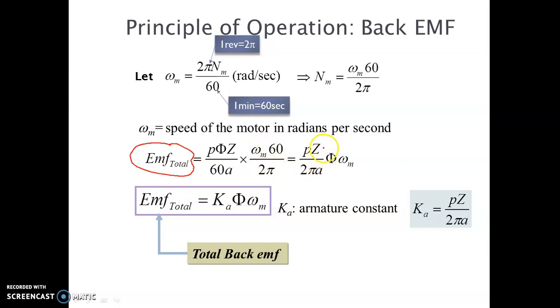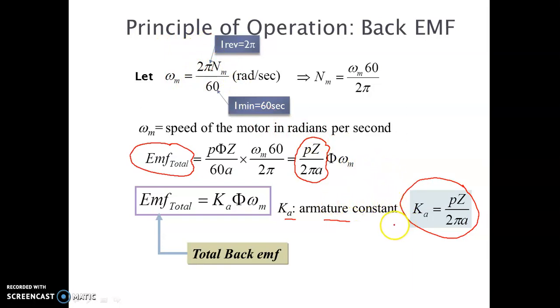Converting this, the whole thing is constant, so the back EMF of a DC machine is equal to Ka phi omega m, where Ka is the armature constant, given by this expression. This derivation was done in the previous lecture number 5.